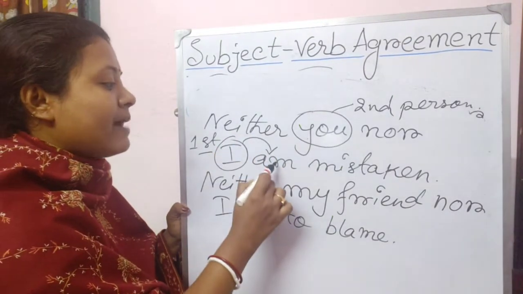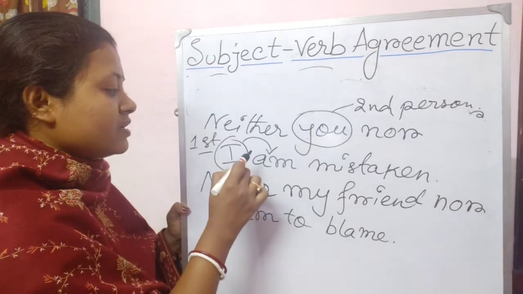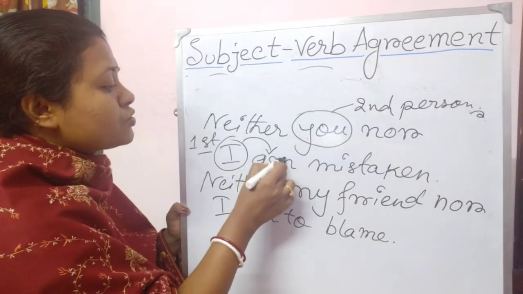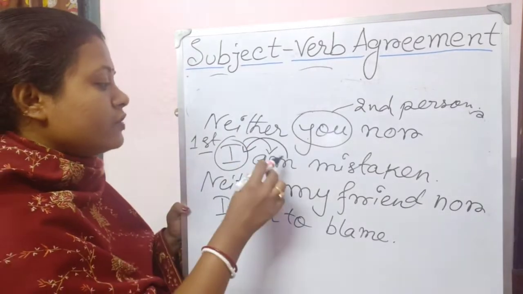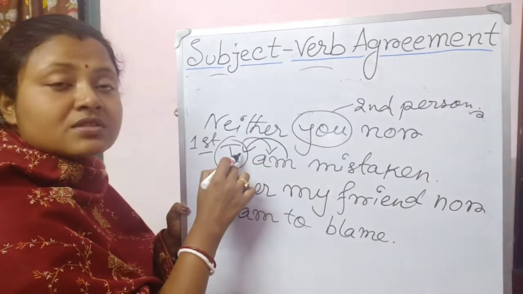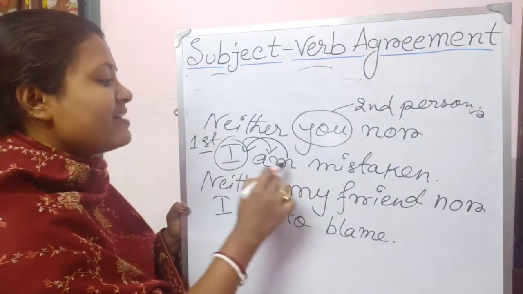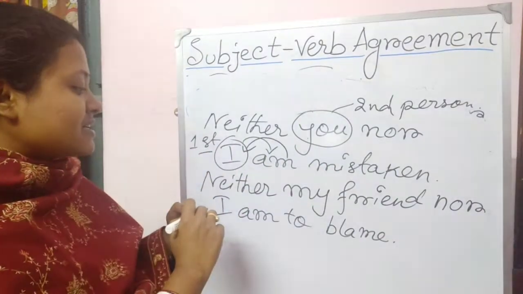That means I am. The closest to the verb is this subject, so the verb will follow its closest subject. So, I am mistaken.